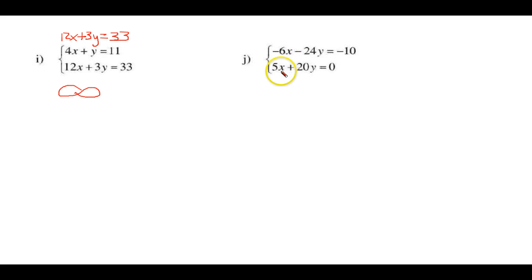Now how about this one? Well, we want to solve this so we can do it by substitution. So here we would have to divide everything by 5.